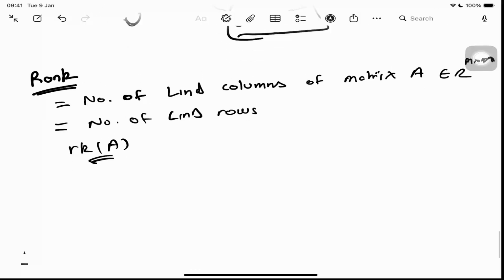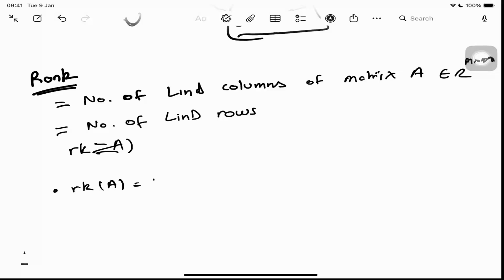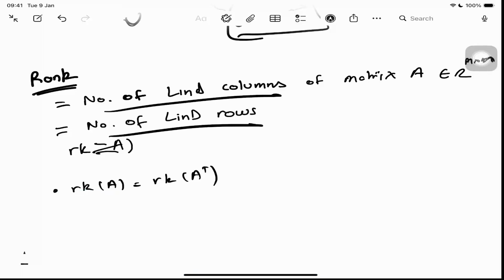Now the properties that we have are, first, rank of A will always be equal to rank of A transpose. Why? Because the number of linearly independent rows equals the number of linearly independent columns for rank, and in transpose we interchange columns and rows, so it remains the same.